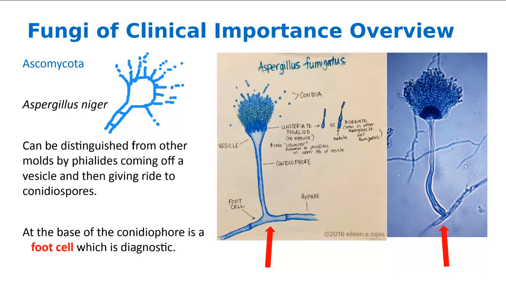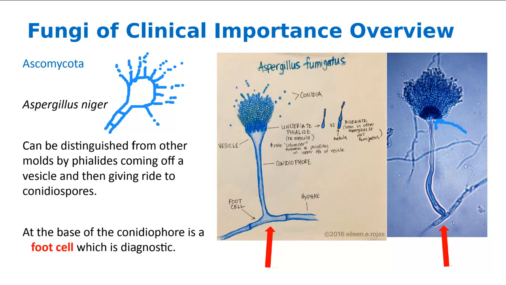What about on the right? Can you see where the vesicle is? The vesicle is right here. And then off the vesicle are the phialides. And then off the phialides are the spores. So that's an easy way to distinguish Penicillium from Aspergillus. But the other giveaway is that Aspergillus is always going to have a foot cell.